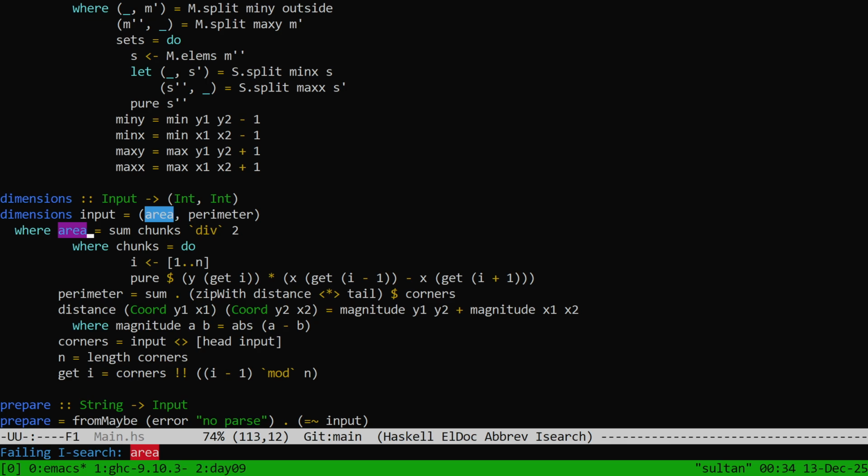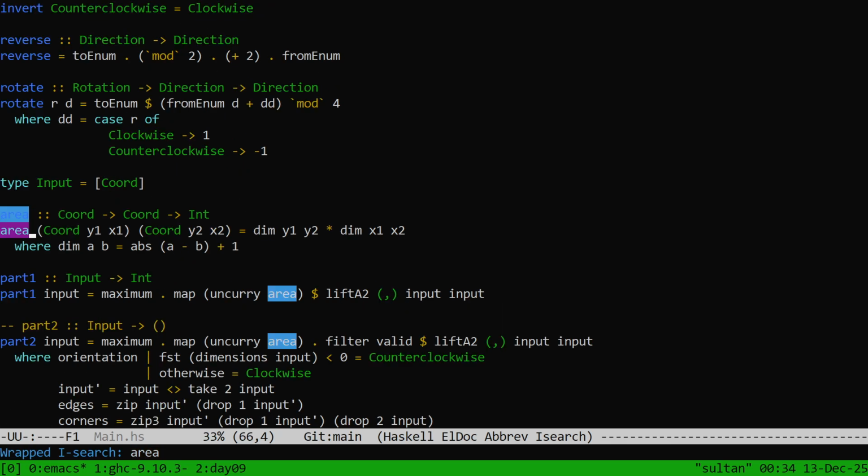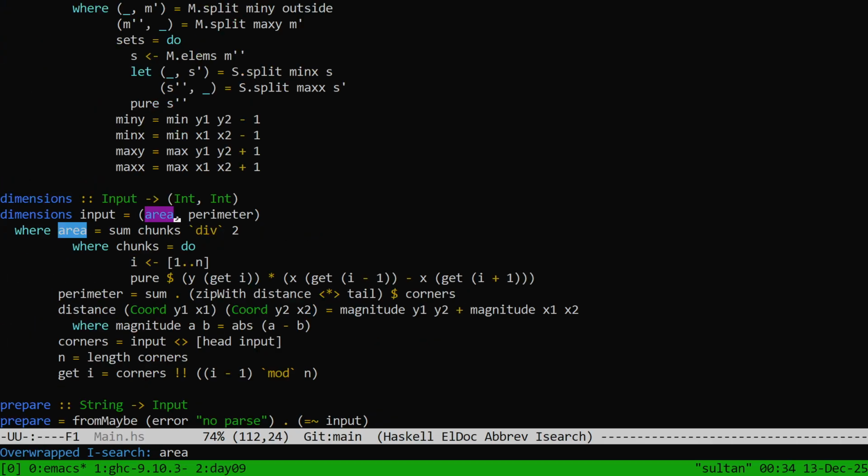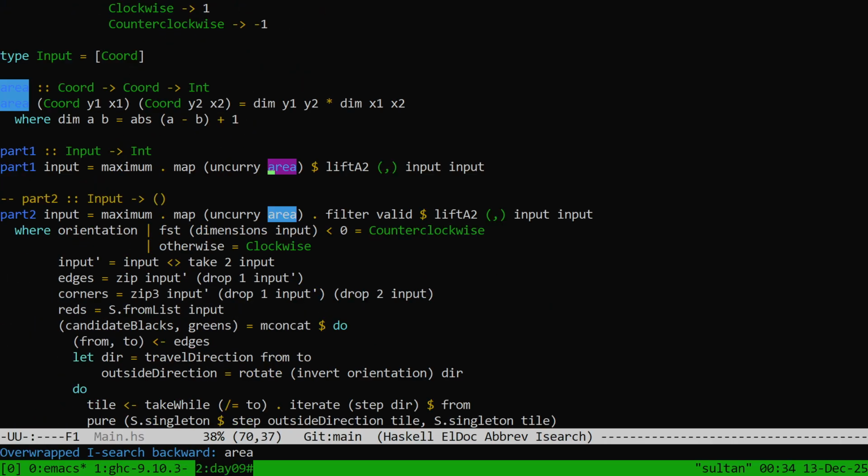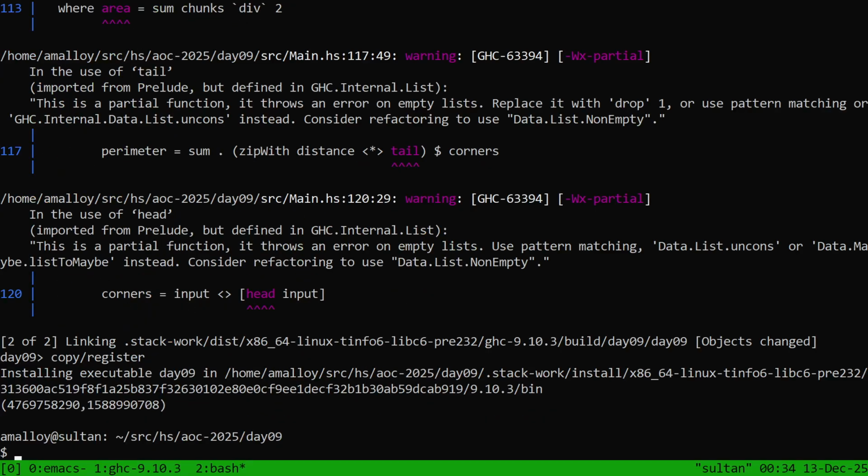I guess it's fine to shadow area here. Hey, it ran. Okay. So that took some time, but not an outrageous amount of time.